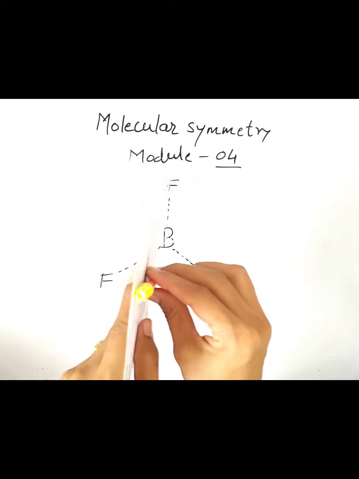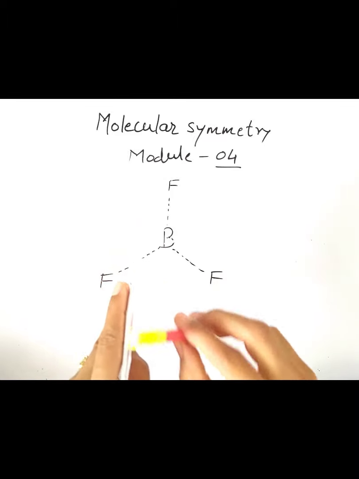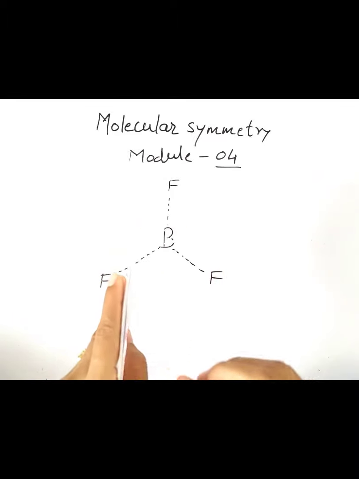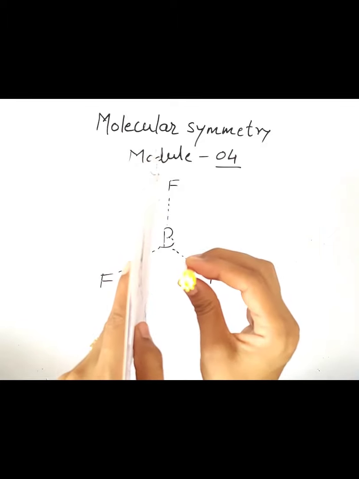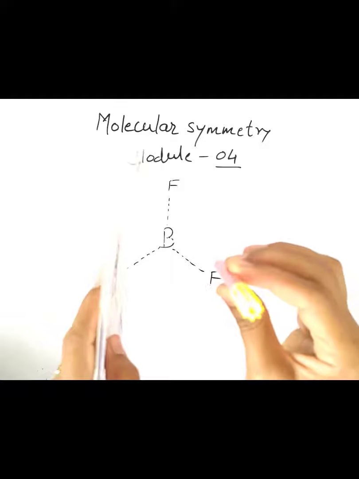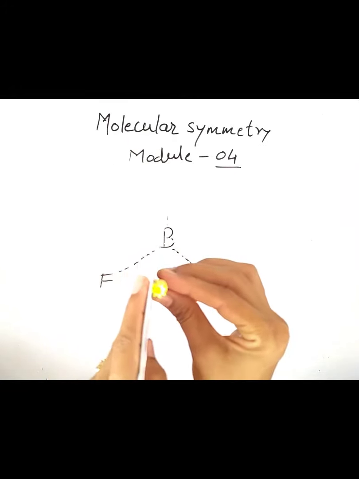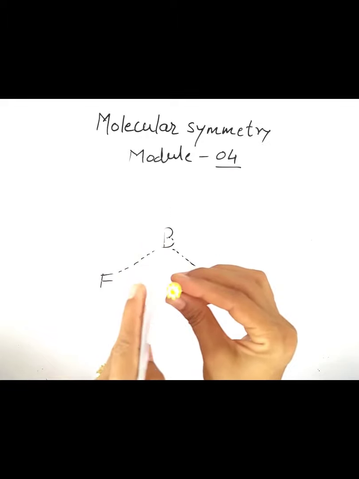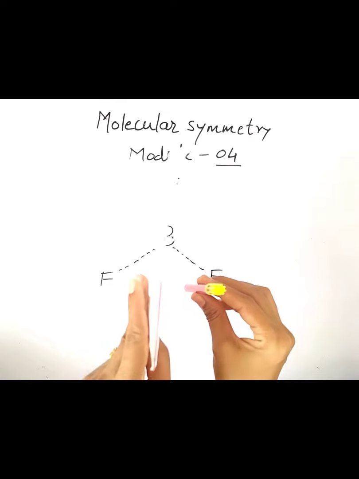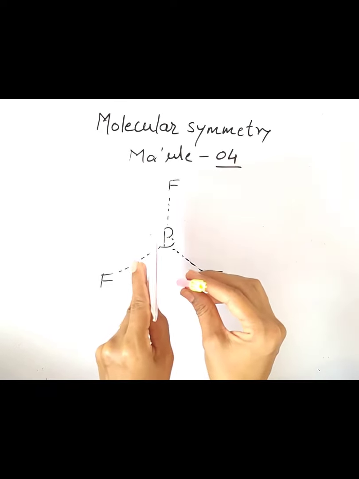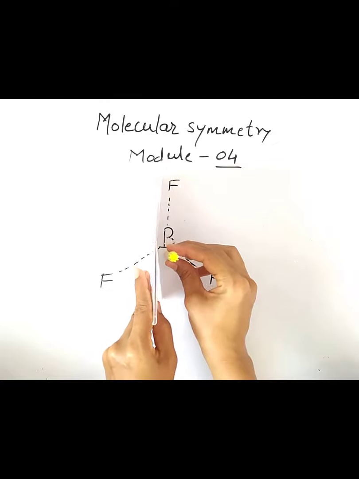Some of the students will get confused. They may say that it is the perpendicular position, because there seems to be a whole big plane and a single line. But no, you have to consider the angle among them. What's the angle between this line and this plane? It is 0 degree. So they two are parallel to each other. So in the BF3 molecule, the plane that we have passed and the line are parallel to each other.